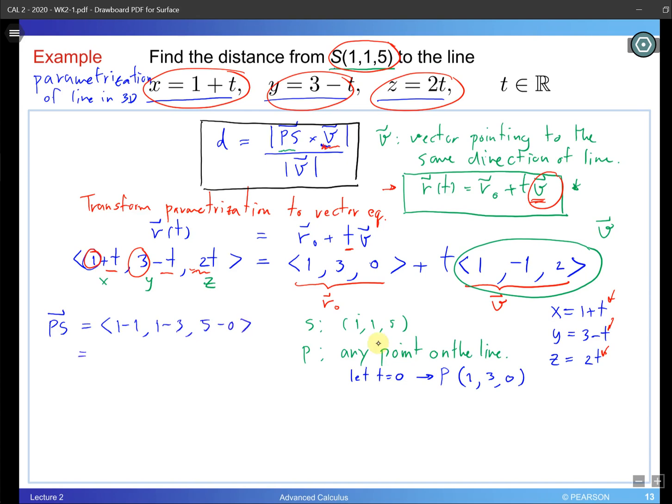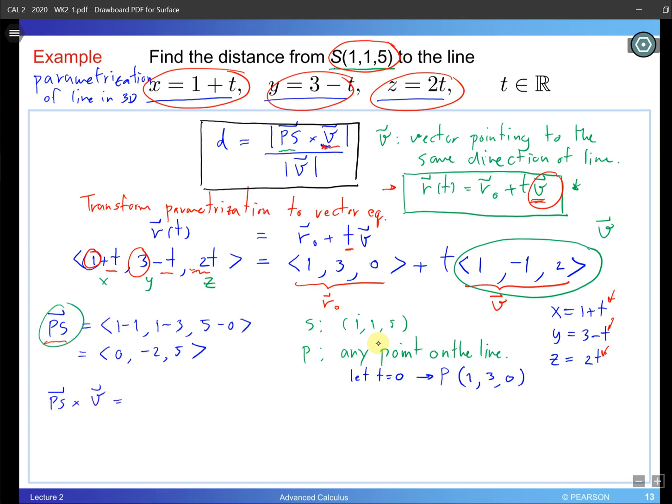So here I have this vector PS equal to 0, minus 2, and 5. Now I have this vector PS ready, and I have this vector V. All I need to do is to cross them together. So I'm going to find PS cross vector V.